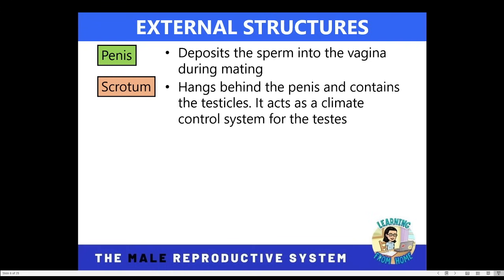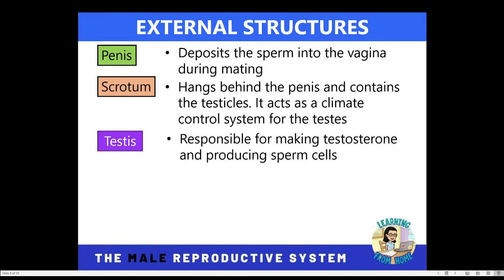The scrotum hangs behind the penis and contains the testicles. Just like what was discussed a while ago, it acts as a climate control system for the testes. So without the scrotum, the sperms may die. The testis or the testes is responsible for making testosterone and producing sperm cells.